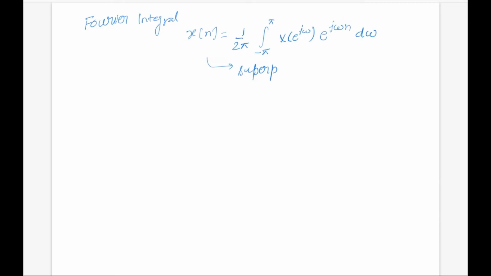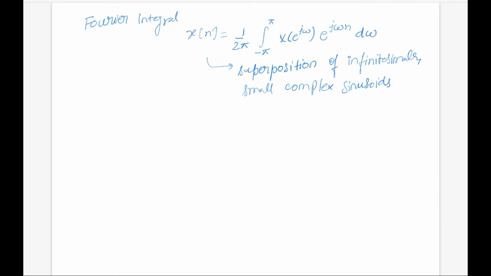Therefore, many sequences can be represented by a Fourier integral of the form x[n], where this x[n] is a superposition of infinitesimally small complex sinusoids.